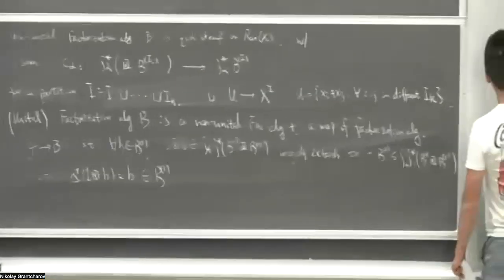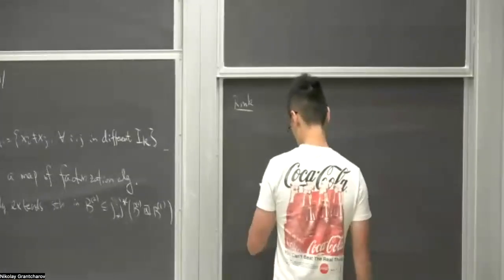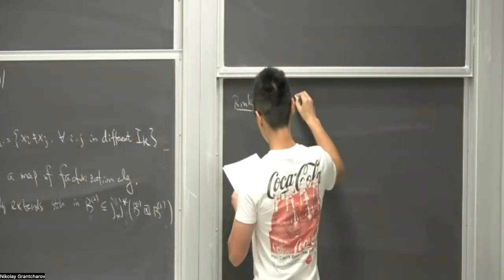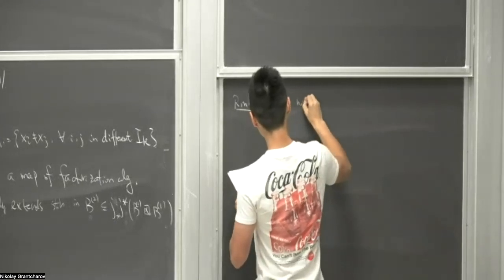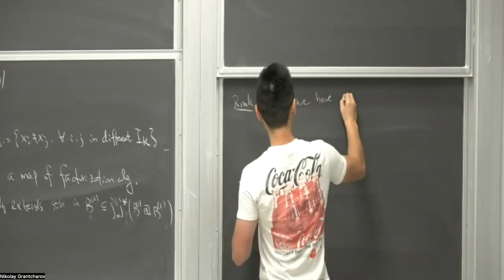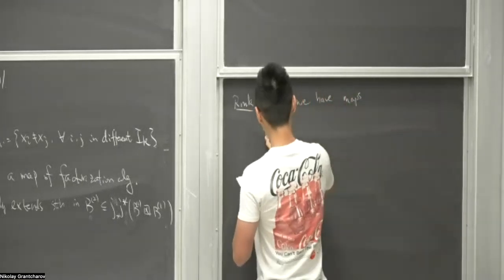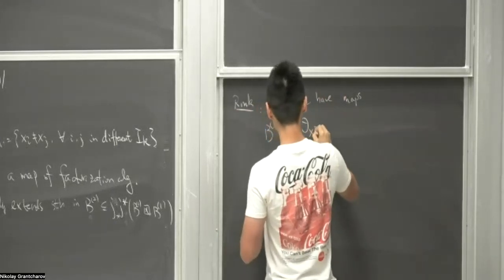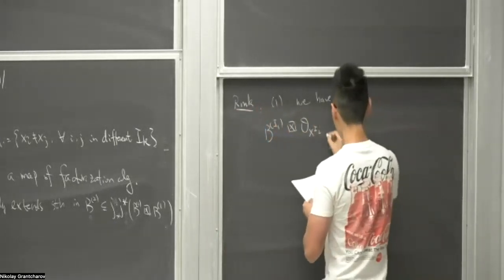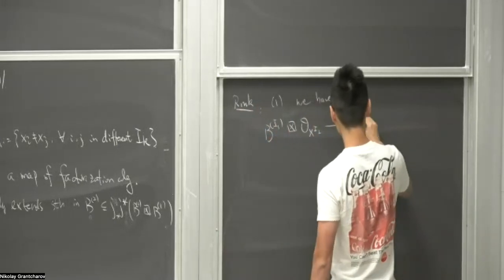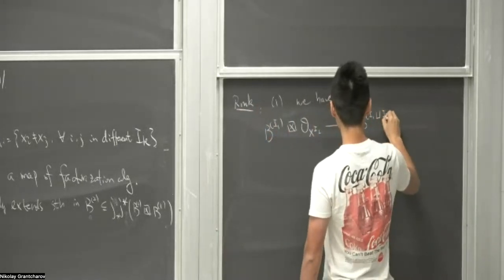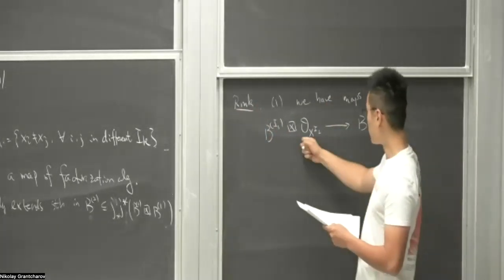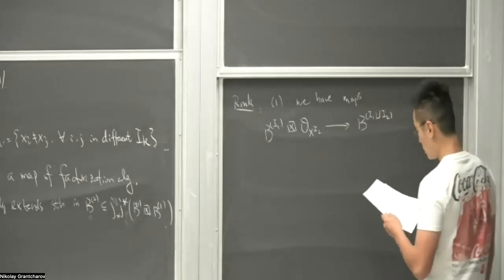And a remark, a quick exercise tells you we have maps constructed similarly. You just do, instead of a single X, X^{I_1}, X^{I_2}, and the unit map given by X^2.